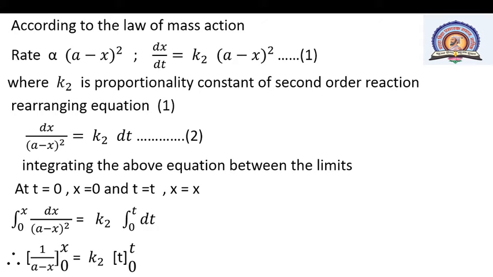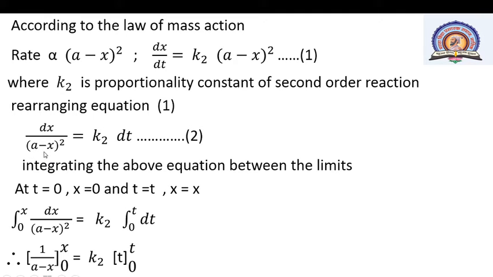Rearranging this equation, it becomes dx divided by (a minus x) squared equals k2 dt. Here the like variables are on one side, dx upon (a minus x) squared.